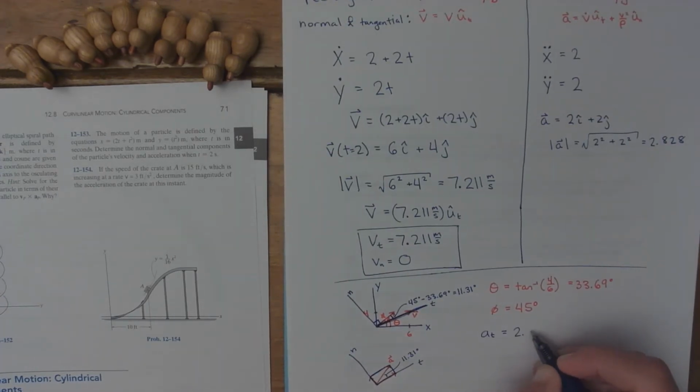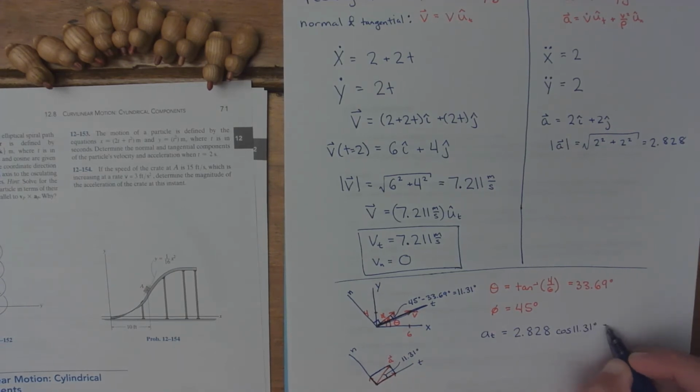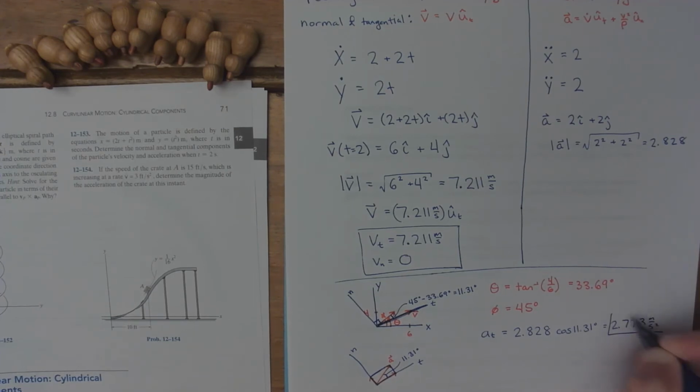So I have 2.828 times, for the tangential component, cosine of 11.31 degrees, and that is 2.773 meters per second squared. There's the tangential component.